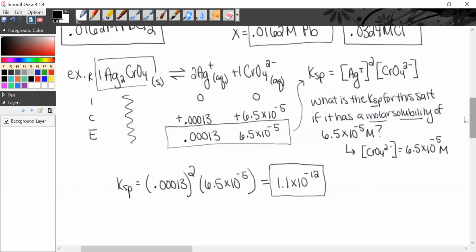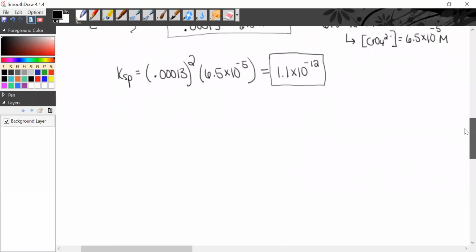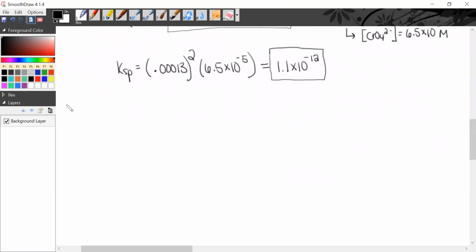Okay, so the last thing I want to talk about with regard to salt solubility is that there are different things that can affect how soluble a salt is. So we need to talk about some factors affecting solubility. Like we can make things more or less soluble.